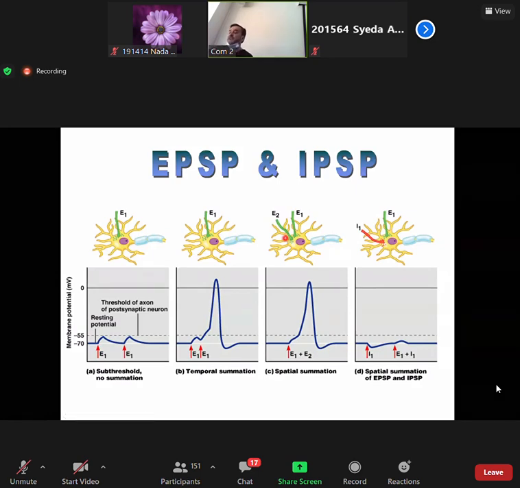You can have excitation and inhibition coming together, and if they cancel out each other, then there would be no excitation of the neuron. So these are the different scenarios which you can find based on the excitatory postsynaptic potential and inhibitory postsynaptic potentials.